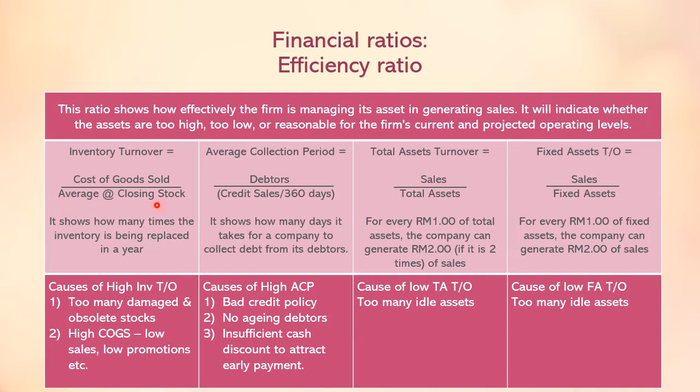If the question gives you the opening and closing stock, with the opening stock in the cost of goods sold and the closing stock in the financial position, then to calculate inventory turnover, please use average stock. So how do we calculate average stock? Opening stock plus closing stock, divided by 2.